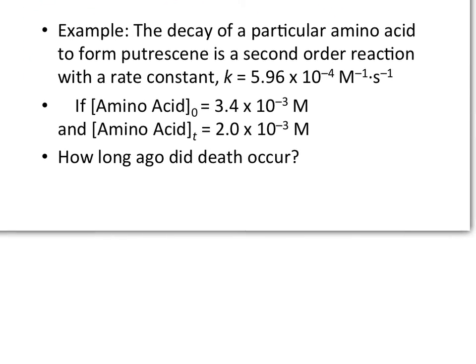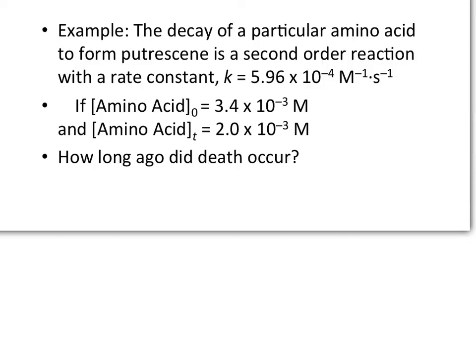So let's say we got an amino acid, those are the things that are put together to make proteins. And when you die, one of the things is your amino acids in your body decay, and they form lots of cool molecules, one of which is putrescine. This is a second order reaction, and the rate constant has been determined to be 5.96 times 10 to the minus 4 per molar per second.